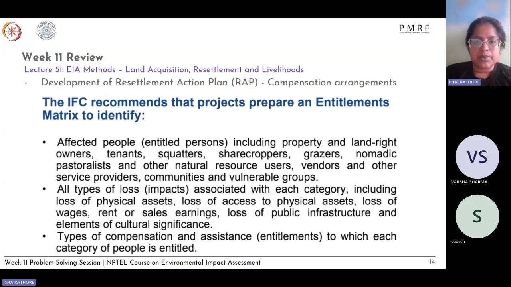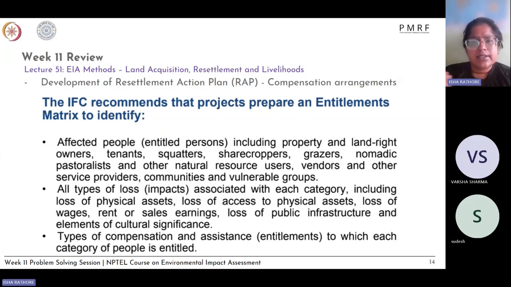So these are entitled people whose property and land is being acquired: landowners or property owners, tenants who were living there, squatters who have been there for the past couple of years, sharecroppers, grazers, nomadic pastoralists and other natural resource users, vendors and other service providers, communities and vulnerable groups. So all of the people who have any sort of relationship with that land and have been using that land for a certain amount of time. Those are one class of people who are identified.